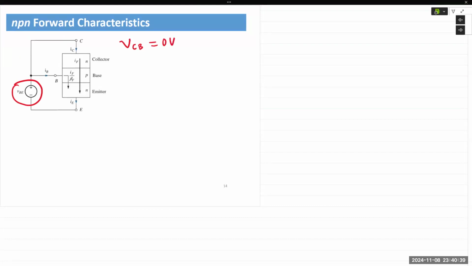So the forward transport current can be described in terms of the collector current. Okay, and in this case right here, IF can be described directly by the diode equation.